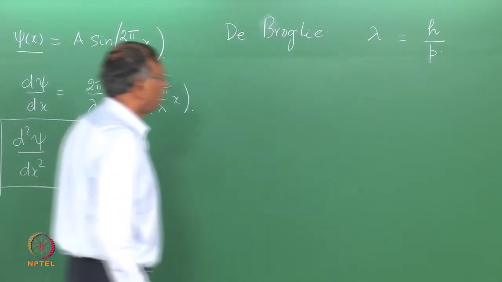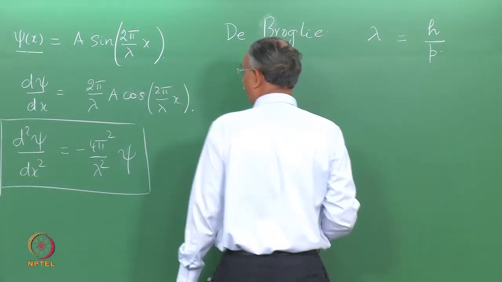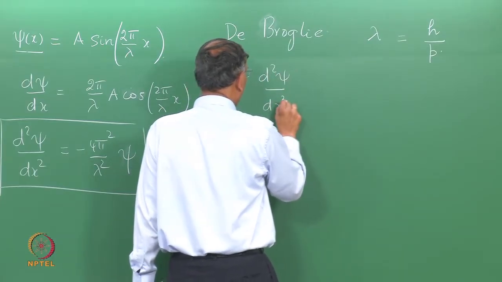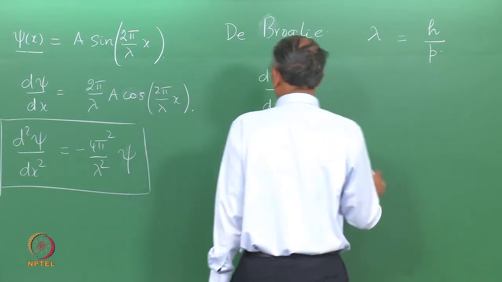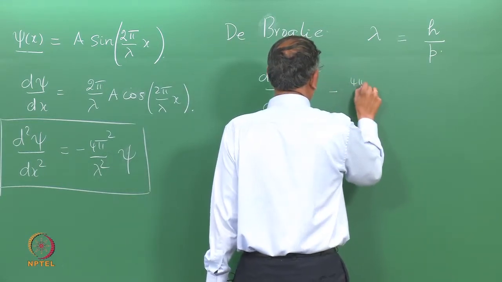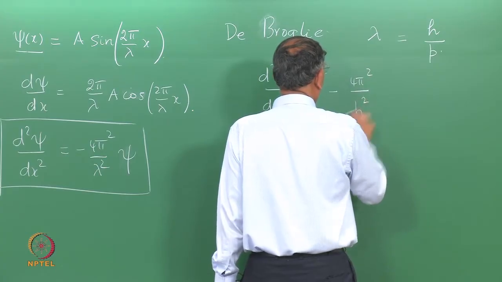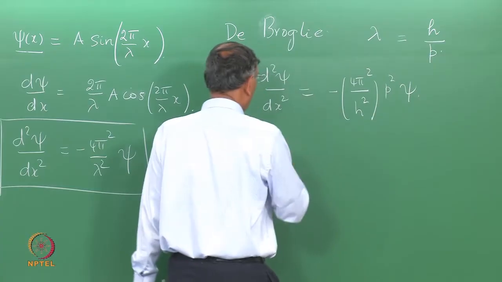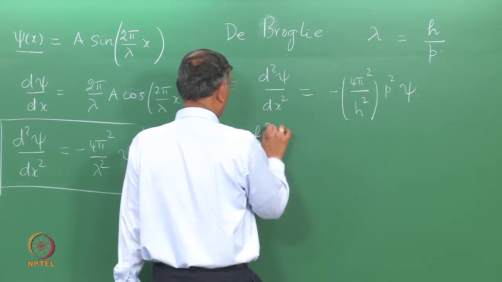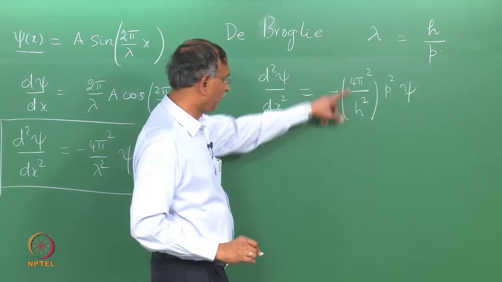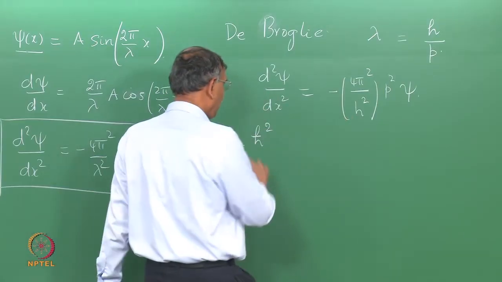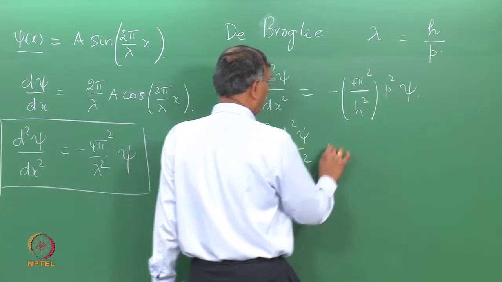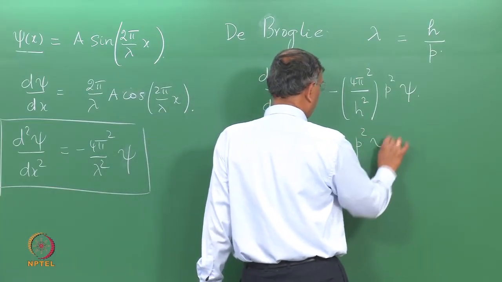In terms of momentum of the particle you have here, and therefore, if we write the wave equation, it is d square psi by dx square, which is equal to minus 4 pi square by h square multiplied by p square psi. We know that h by 2 pi is h bar, therefore if we bring that in, it's minus h bar square d square psi by dx square is equal to p squared psi.